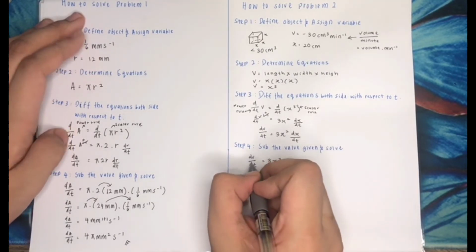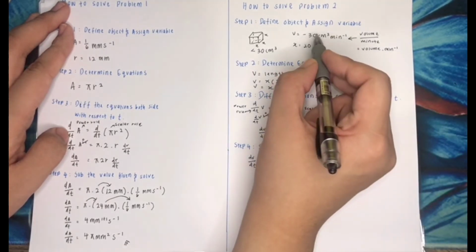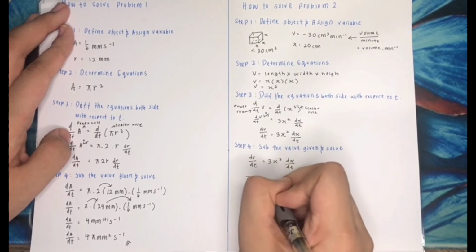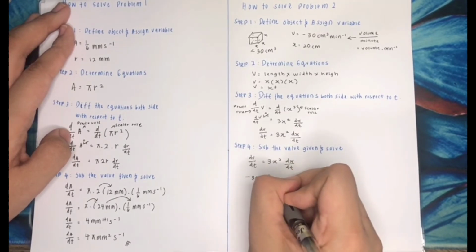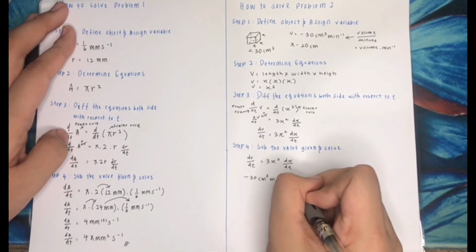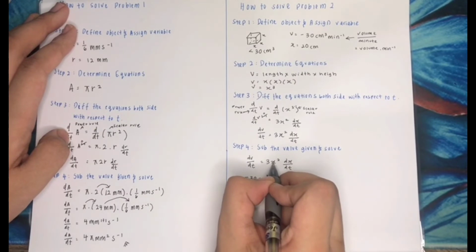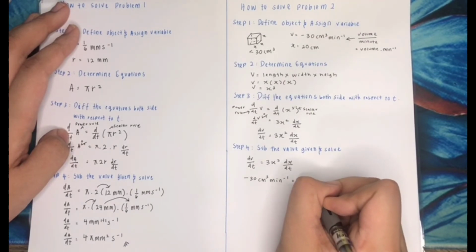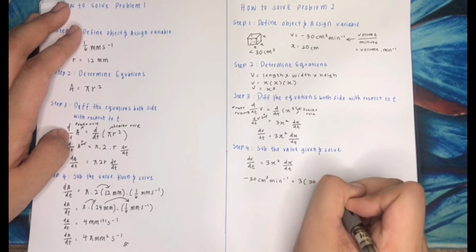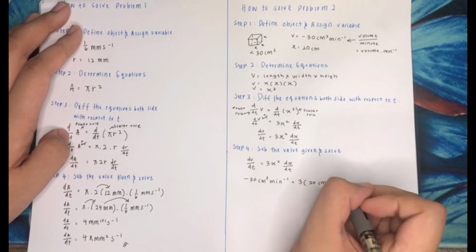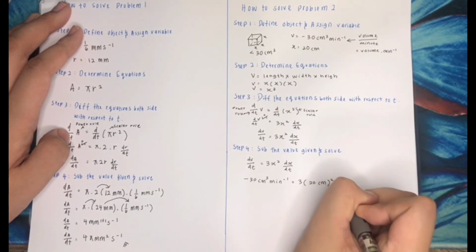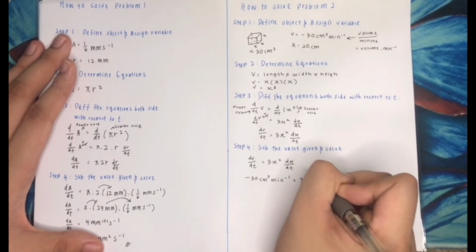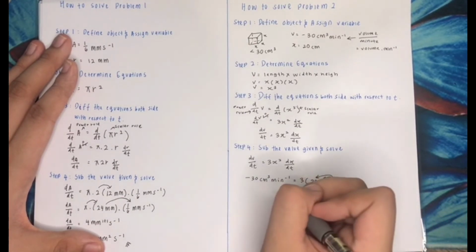As you know, dV/dt is from the volume of the ice, which is negative 30 cm^3 min^-1, equal to 3 times x squared dx/dt, where x we take from step 1. We need to find dx/dt.